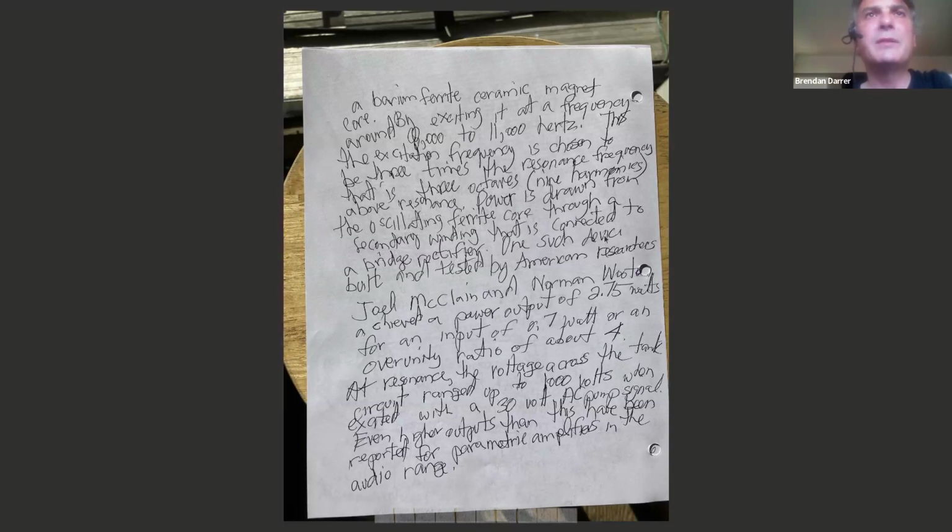One such device, built and tested by American researchers Joel McLean and Norman Wootan, achieved a power output of 2.75 watts for an input of 0.7 watts, or an over unity ratio of about 4.